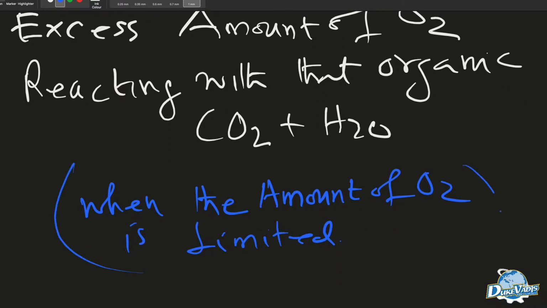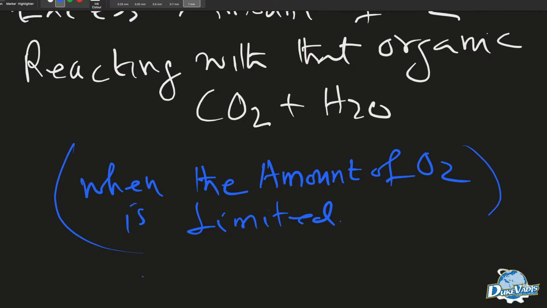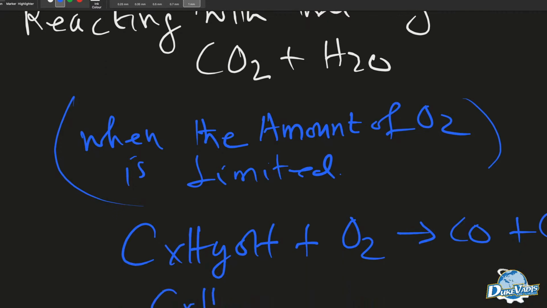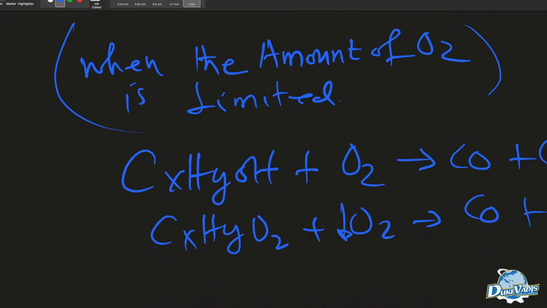You see, when the amount of oxygen is limited, for instance, if you have a compound CxHyOH or something, reacting with a limited amount of oxygen, then the production will be carbon monoxide plus carbon dioxide. If we have CxHy, O2 reacting with a limited amount of oxygen, we are going to get carbon monoxide plus CO2. And this is not a complete reaction.